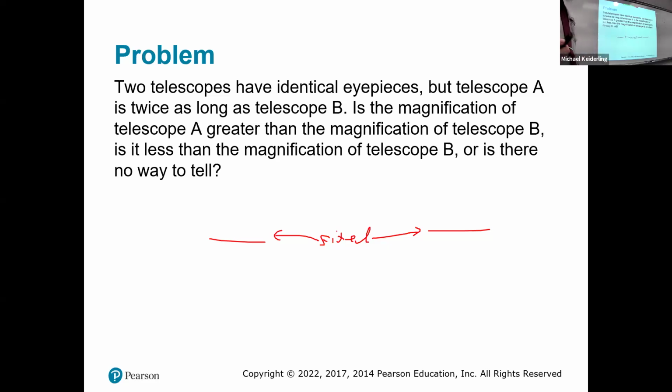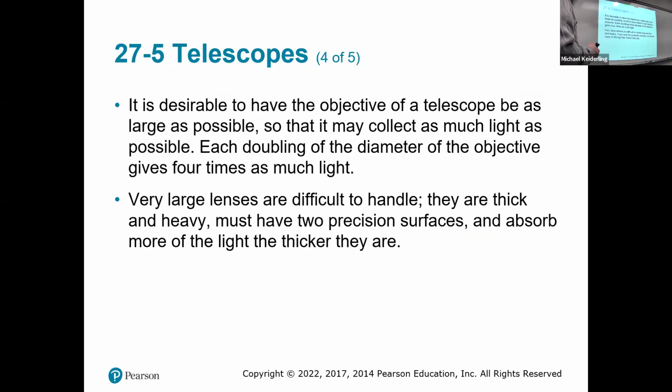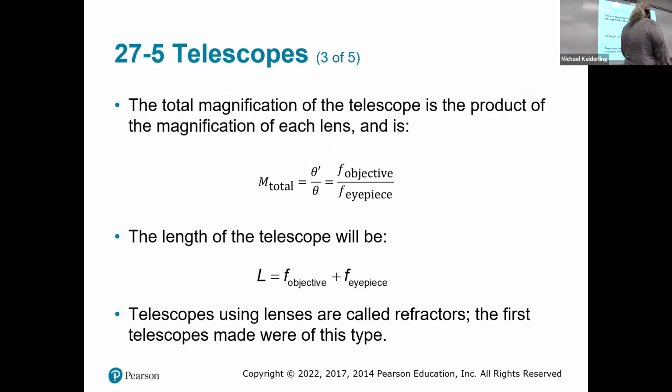So two telescopes have identical eyepieces, but telescope A is twice as long as telescope B. So remember, for a telescope, the total magnification ends up equaling the focal length of the objective over the focal length of the eyepiece.